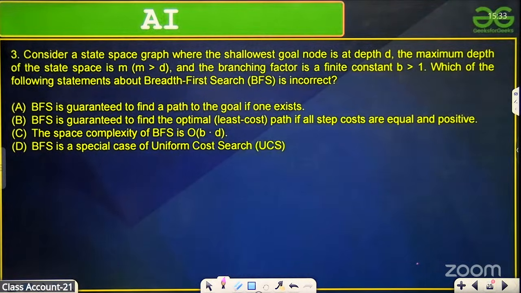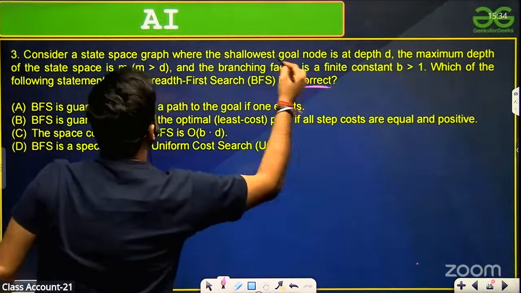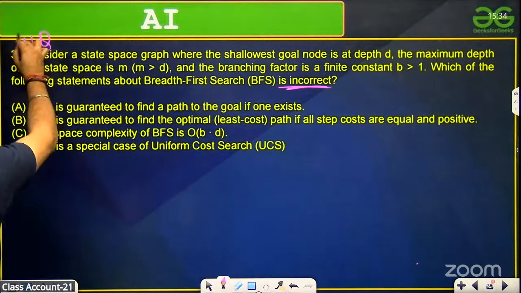So what is the answer for question number 3? Everyone, please tell me. Consider a state space graph where the shallowest node is at depth D, the maximum depth of the state space is M, and the branching factor is a finite constant B greater than 1.